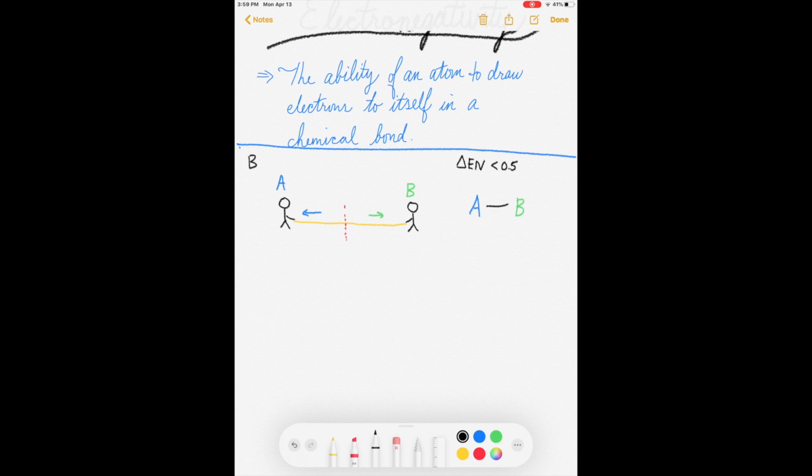That means that if this is where we begin, then what does the end look like? It looks like this, right? There is no clear-cut winner when both atoms are pretty much pulling on these electrons equally. Going back to the tug-of-war analogy on your screen, that means that at the end of the fight there really isn't a whole lot of change. There might be some movement around, but not a whole lot.